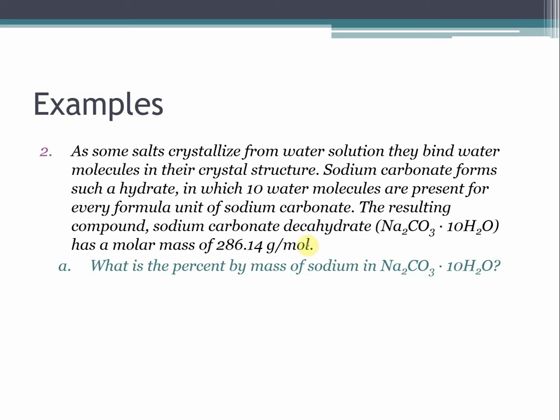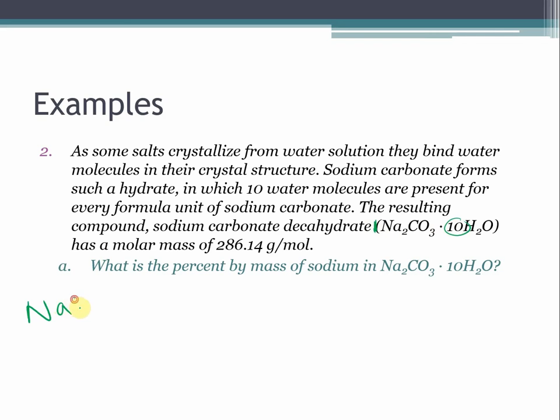So this is how hydrates form. You get an ionic compound trapping some water in there. The fact that there's no coefficient out front means the coefficient is a 1. So for every 1 sodium carbonate, we have 10 water molecules. And we're asked for the percent by mass of sodium in sodium carbonate decahydrate.